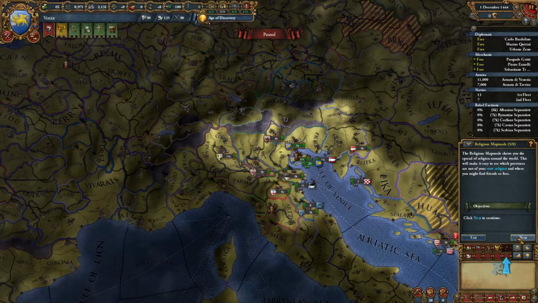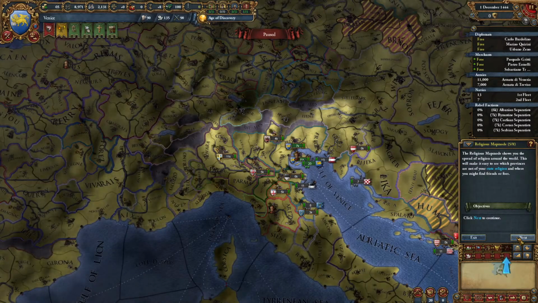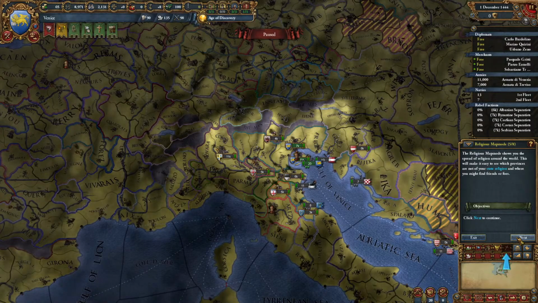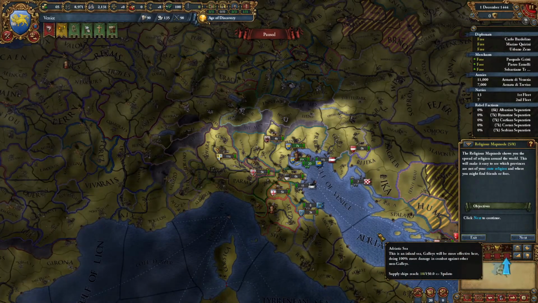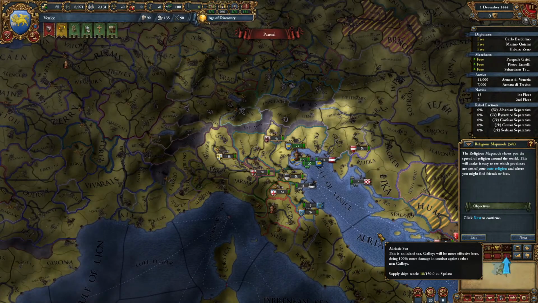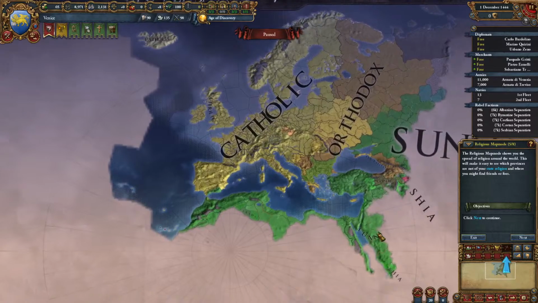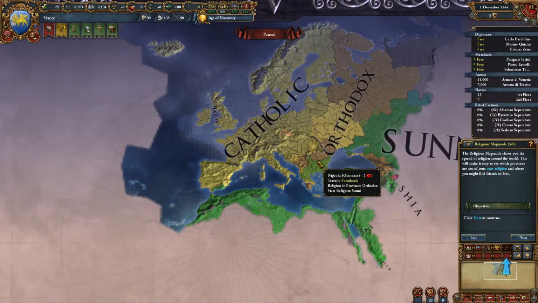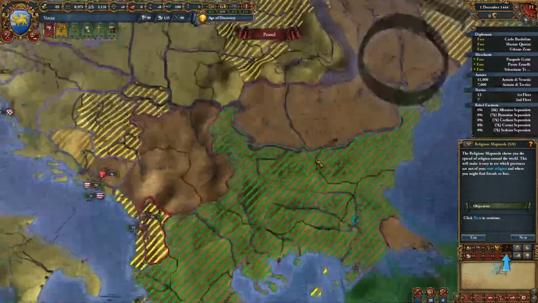But the religious map mode shows you the spread of religion around the world. This will make it easier to see which provinces are not of your state religion and where you might find friends or foes. Well, Catholic is like all of Europe, virtually.